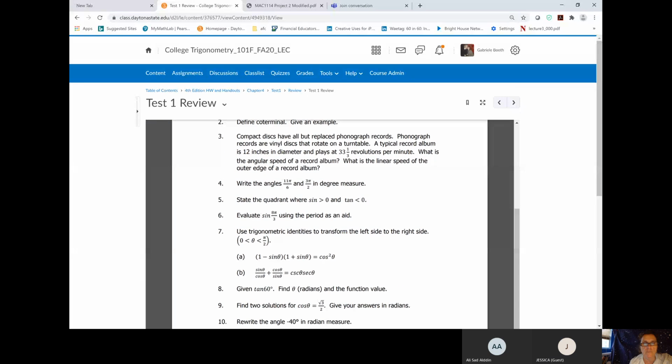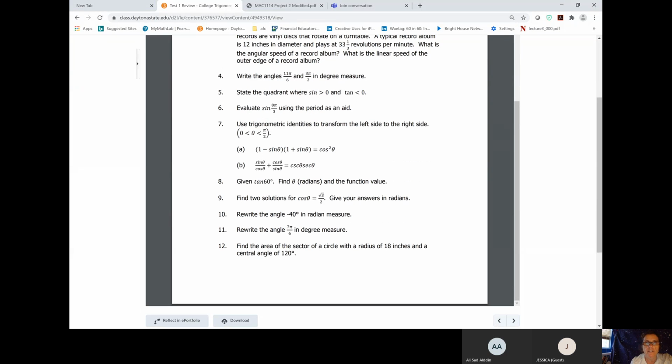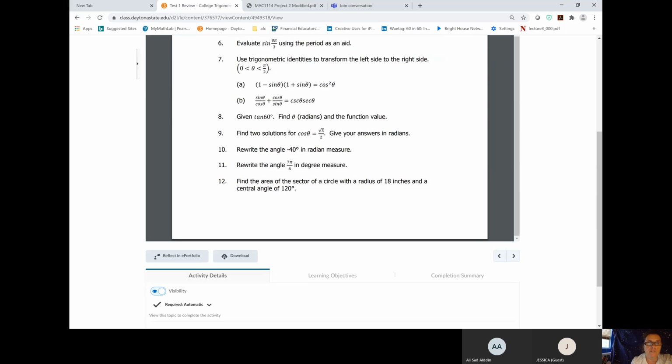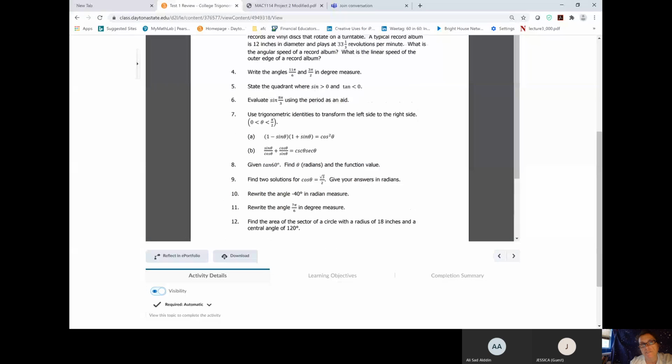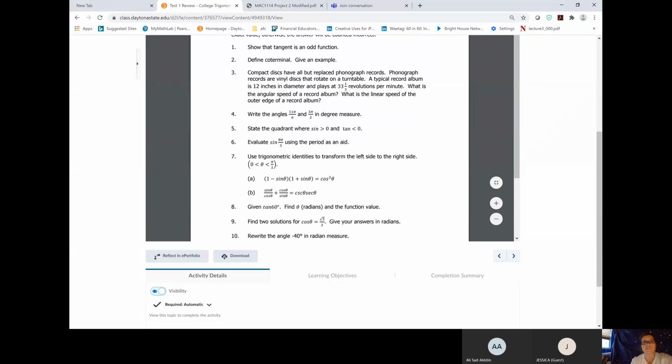And this 7A is something straight out of the book. That's what we did earlier. I will probably add a couple of problems to this one. So we're going to go over the review on Monday, and then I will post the test.